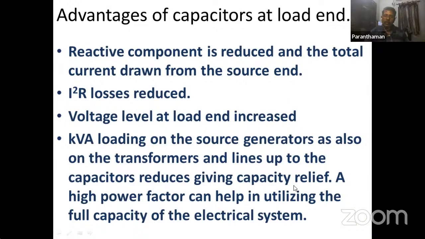The small betterment done at every consumer end will relieve the utility, utility meaning the distribution company, from having a big maximum demand, peak hour demand. This is what the word capacity relief means. Capacity relief means not only the power plant, it is also for lines and transformers, etc.